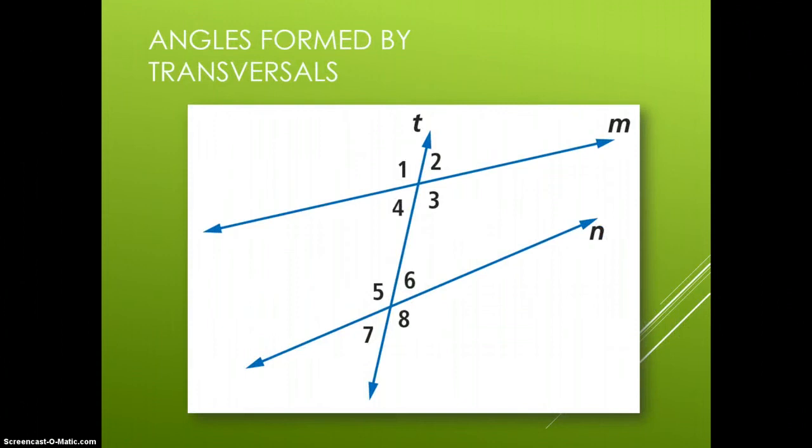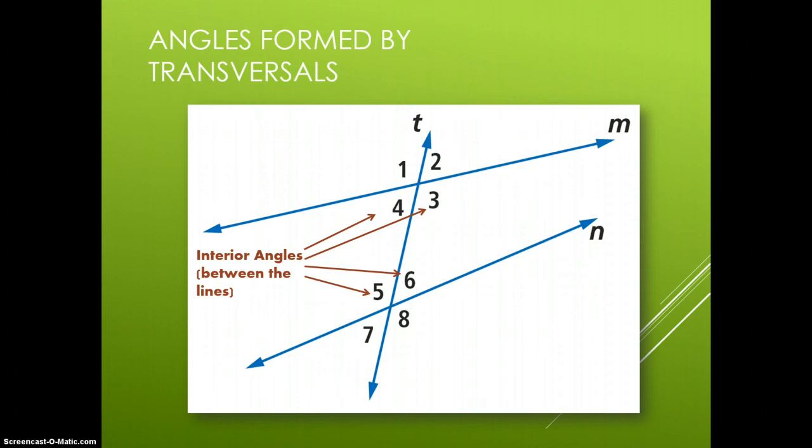So here we've got a number of angles that are formed when the transversal T cuts through lines M and N. Okay, they're numbered 1 through 8. We've got interior angles. Interior, in other words, simply being inside.